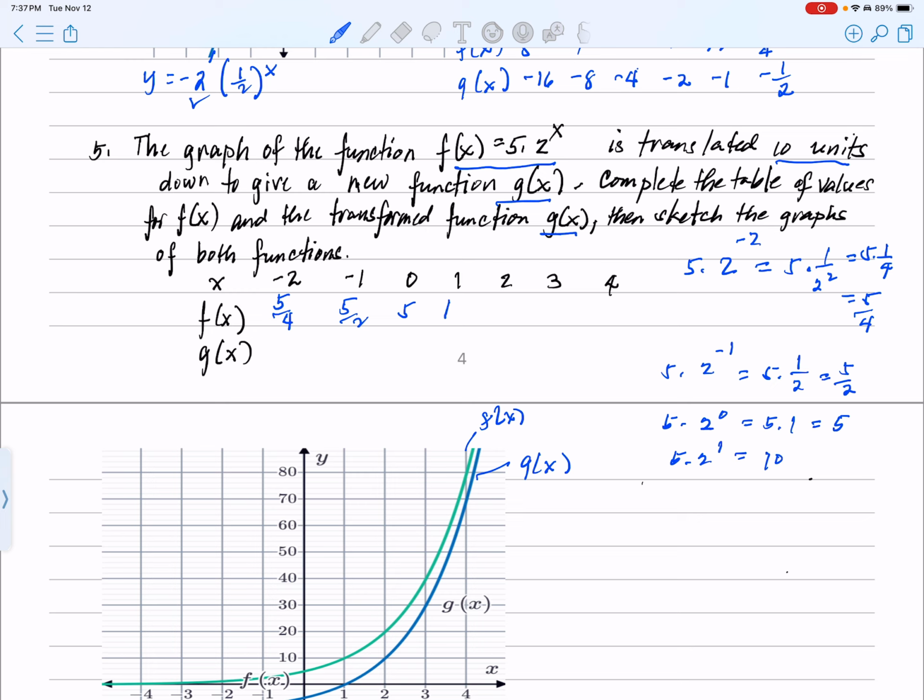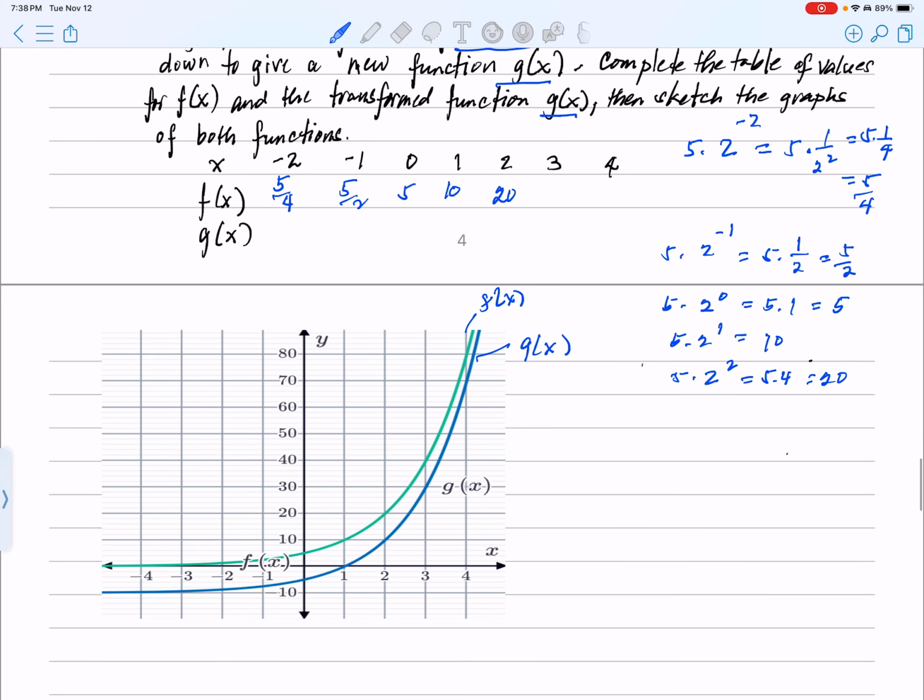5 times 2 to the second power: 5 times 4, that is 20. 5 times 2 to the third power: 5 times 8, that is 40.